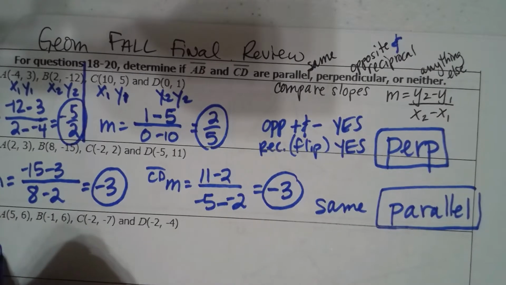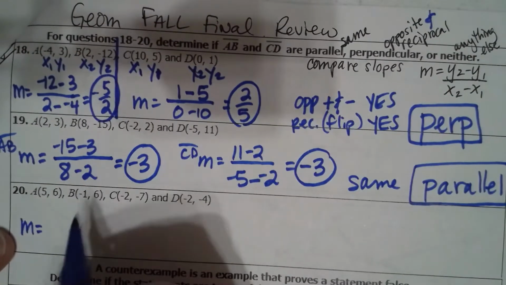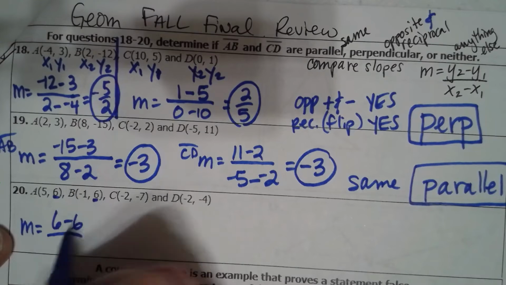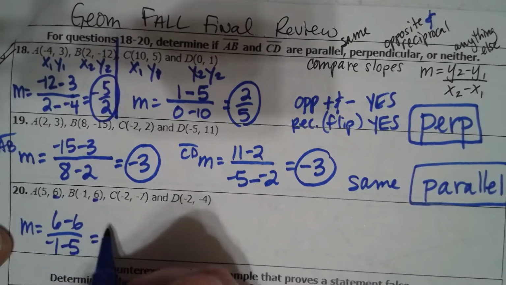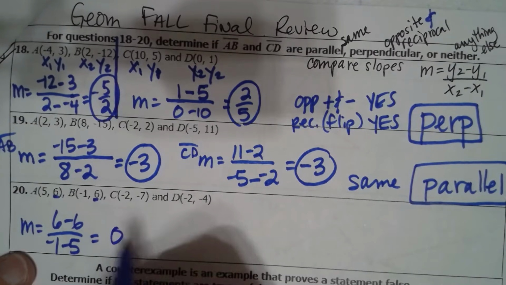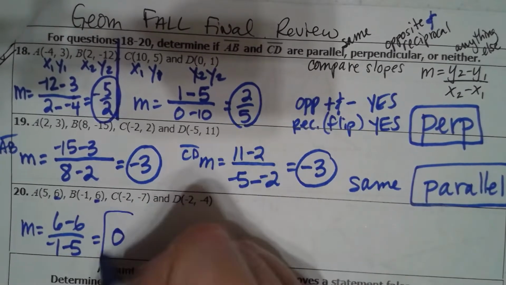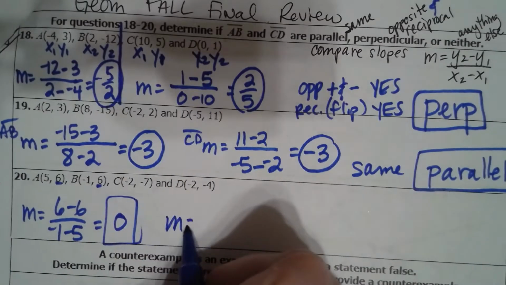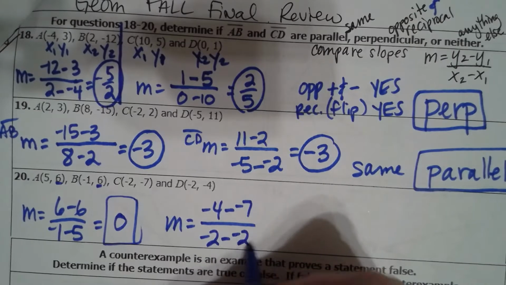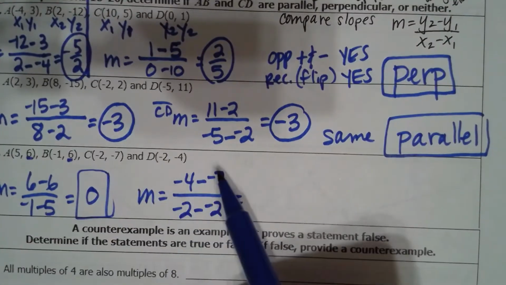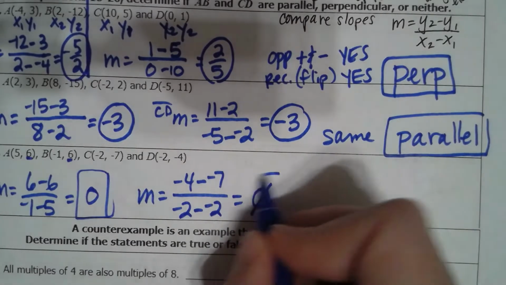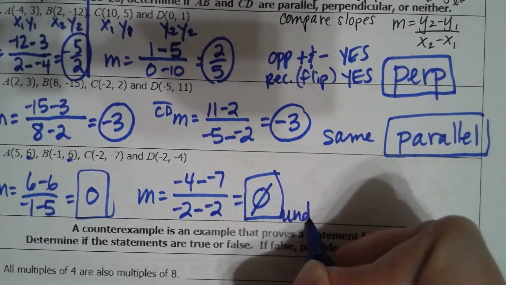Okay, so number 20, y minus y, 6 minus 6, x minus x, negative 1 minus 5, makes 0 over 6, which is 0. 0 divided by anything is still 0. And then the slope of the other one, y minus y, x minus x. This is something divided by 0, and when you divide by 0, you cannot do that, so that is undefined.